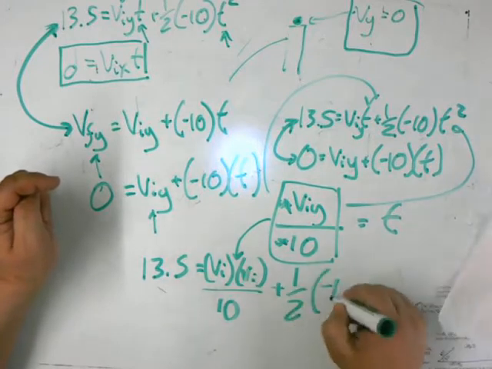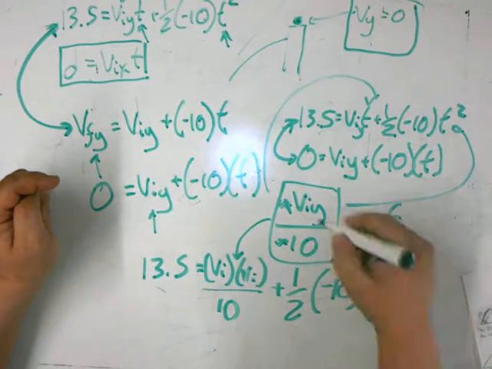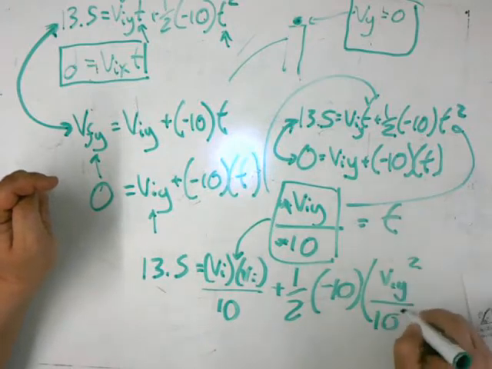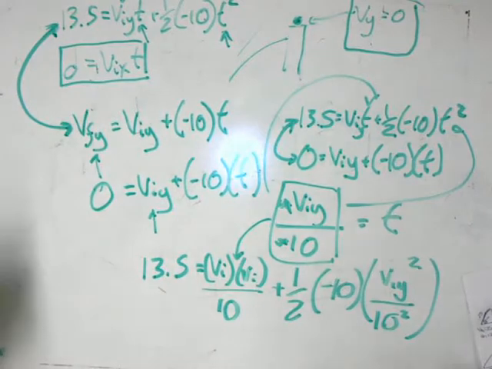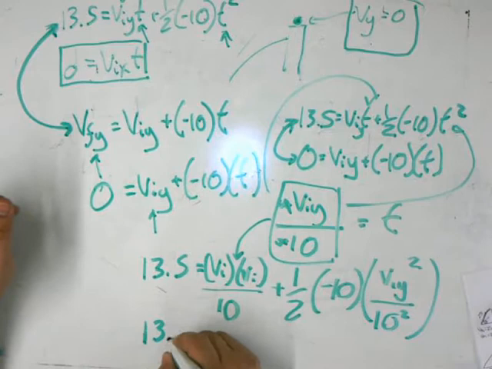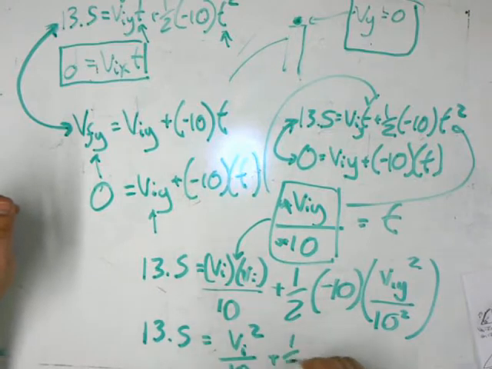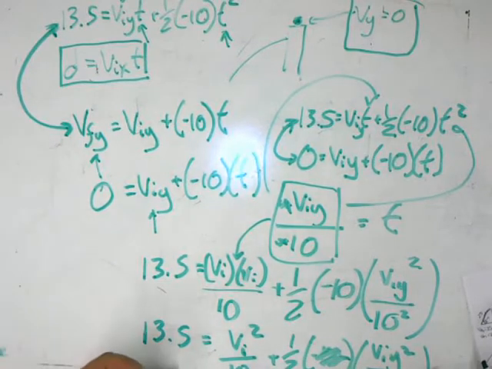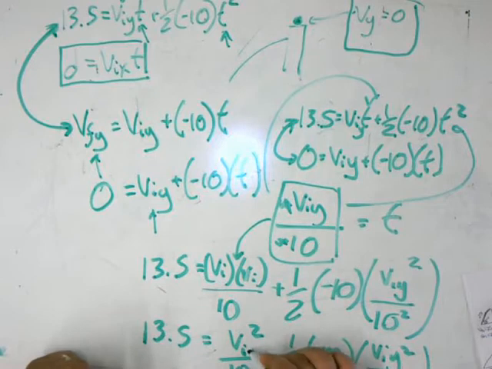That's V initial Y squared over 10 plus 1/2 negative 10 V initial Y squared divided by 10 squared. One of those 10s goes away, and I've got a relationship here. Oh, there's a negative sign. When I took the 10 away, I should have carried that negative.